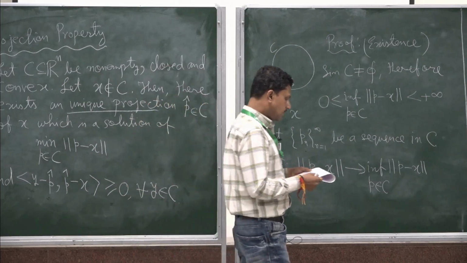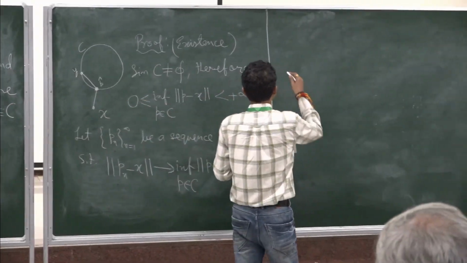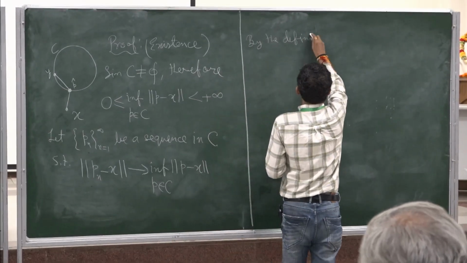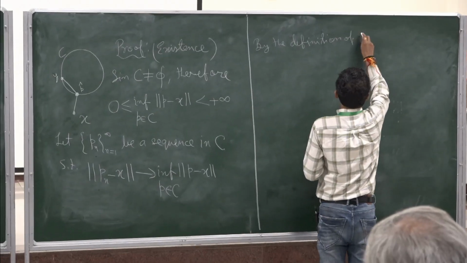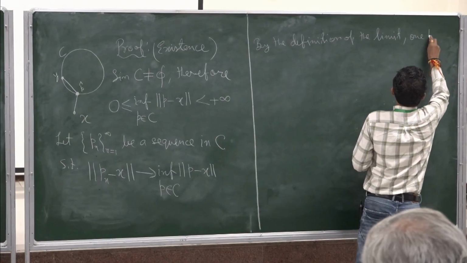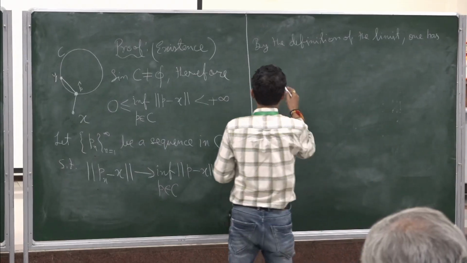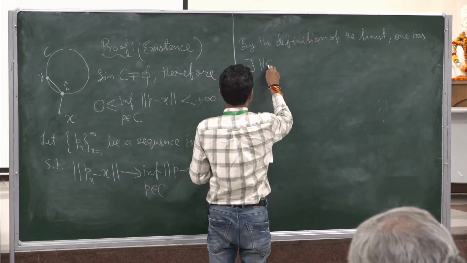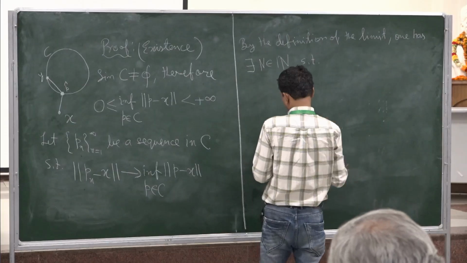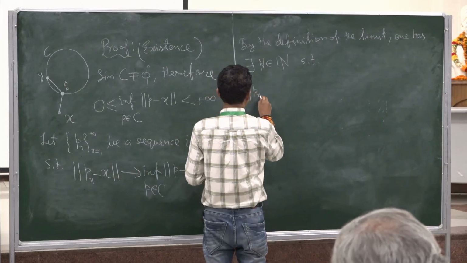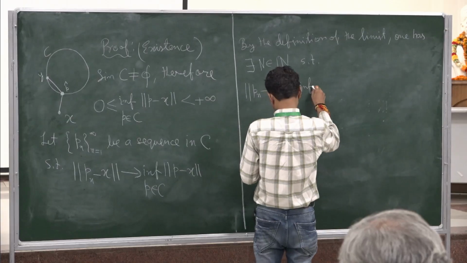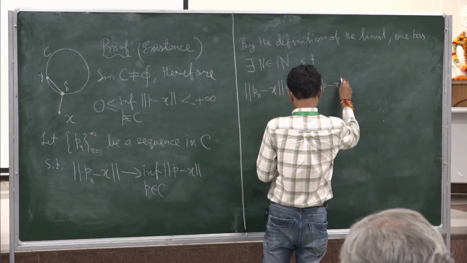By using it, we can have some natural number N such that norm of Pn minus x is strictly less than the infimum of norm P minus x, P in C, plus 1.